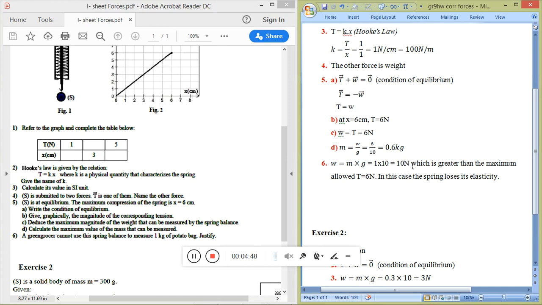It's 10 newtons, which is greater than the maximum allowed tension. In number 5, we deduced that the maximum compression is 6. The maximum allowed tension is 6 newtons. So this weight, 10 newtons, is greater than 6 newtons, so it is greater than the maximum allowed tension. In this case, the spring loses its elasticity.